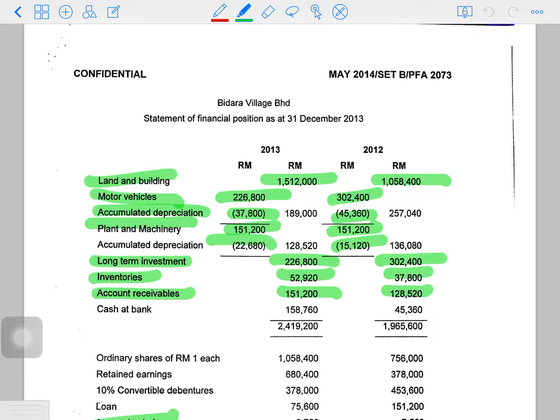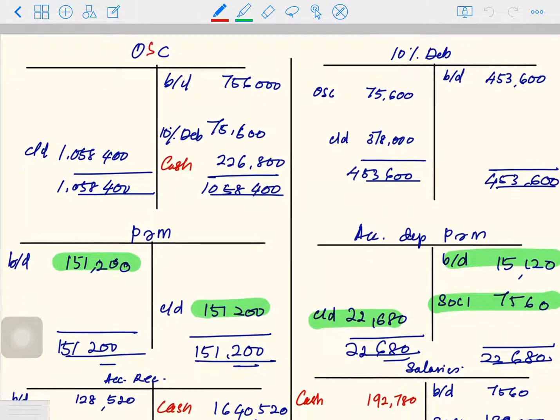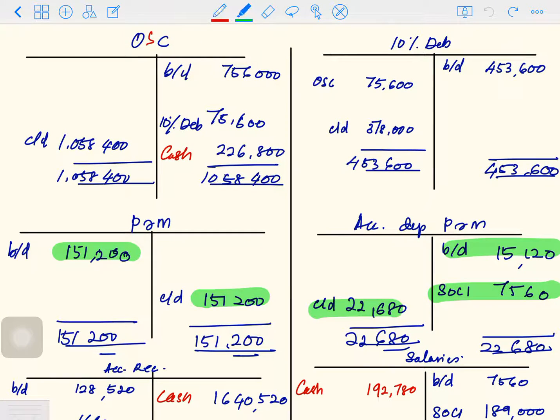Since ada conversion, so any activity increase or decrease ni you must take account the conversion of debenture ni. So you can open up your ordinary shares and 10% debenture. Open up the account ordinary shares and 10% debenture here.